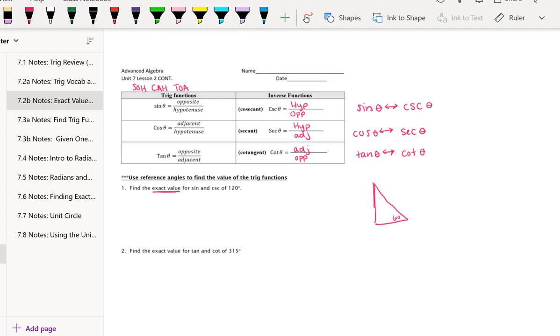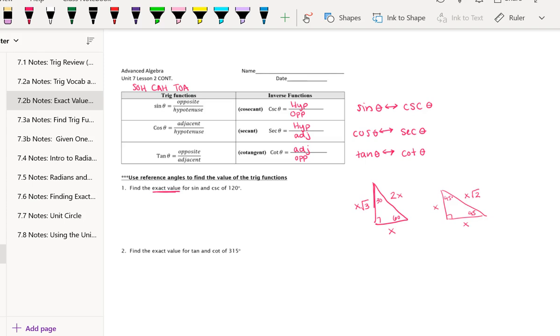Remember when I have a 60 and a 30, if this short side leg is x, the hypotenuse is 2x, and the long side leg is x root 3. If I have a 45, 45, 90 triangle, then I have these two sides are both the same relationship, and this is x square root 2.